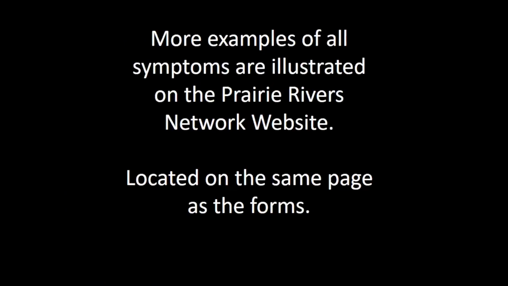Okay, those are just some examples. There are lots more examples of all the symptoms that we just talked about, and they're illustrated on the Prairie Rivers Network website. That's located on the same page as the forms, the volunteer guidelines, and the form instructions. And there's also a section on what normal leaves look like for many, many species of trees as well.